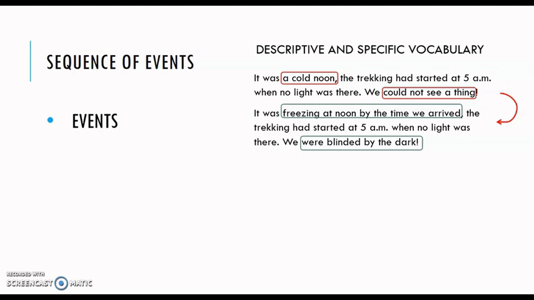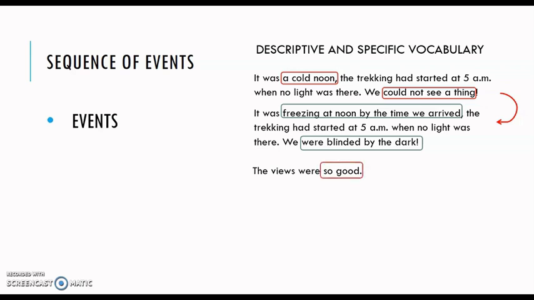The trekking had started at 5 a.m. when no light was there. We were blinded by the dark. Even though the two expressions are okay, the second one gives more details about how the characters felt in the story. Then we will analyze this example when the information is a bit vague or it is not as specific as the reader may want to read, actually.